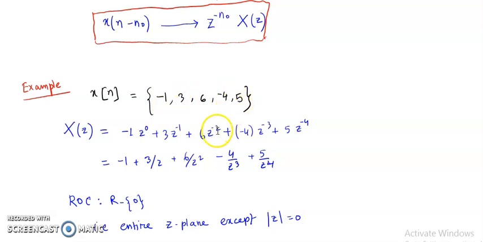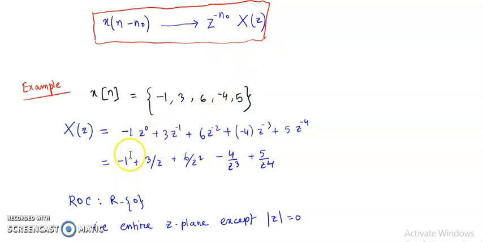So we put the value of n here, 1, 2, 3, 4 basically, and here we can see that we are writing minus n naught, that's why a negative symbol is there in front of these values. These coefficients are the given values of the signal, and we are multiplying with z to the power minus n naught for the Z transform.